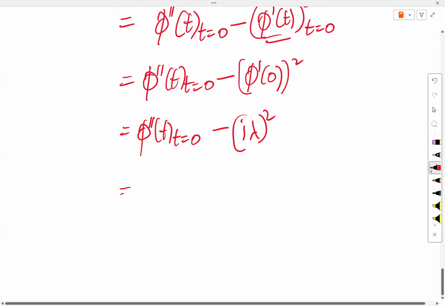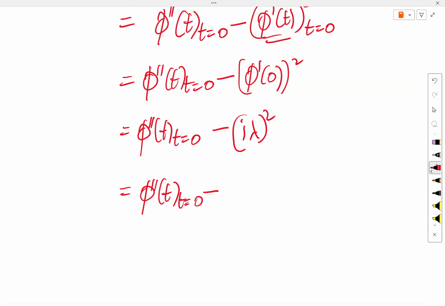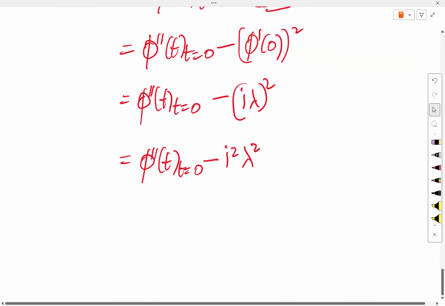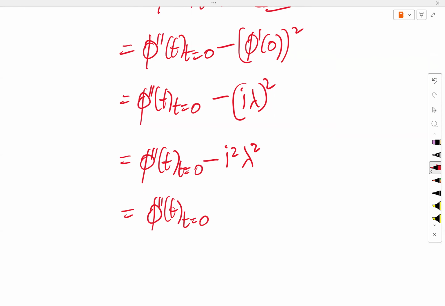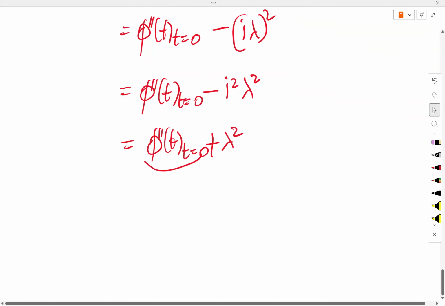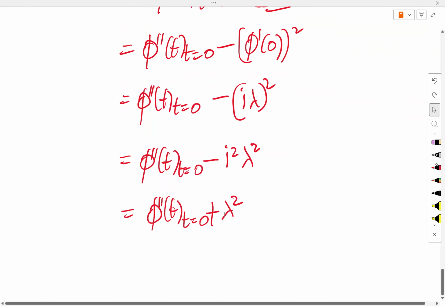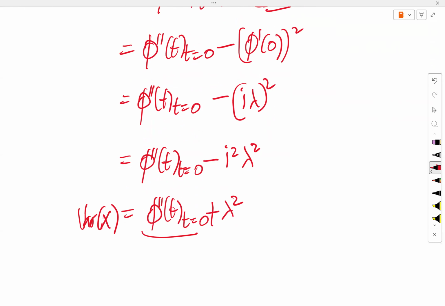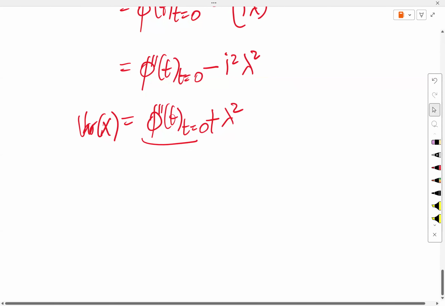That is phi prime prime of t evaluated at t equals 0 minus i squared lambda squared. And you already know that i squared is minus 1, so that's plus lambda squared now. So all that is left to find is phi prime prime of t evaluated at 0. So far, this is the variance of x, but we need to get this part out. So let's go for that.